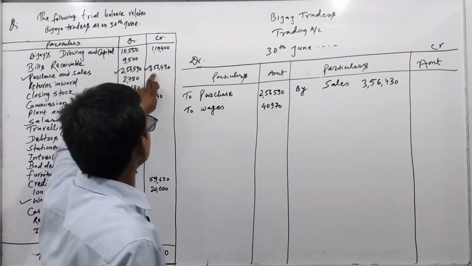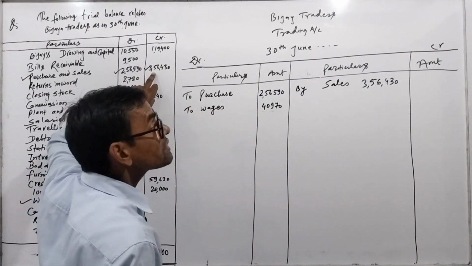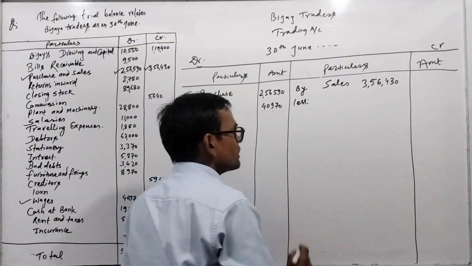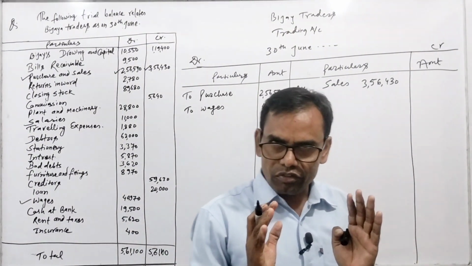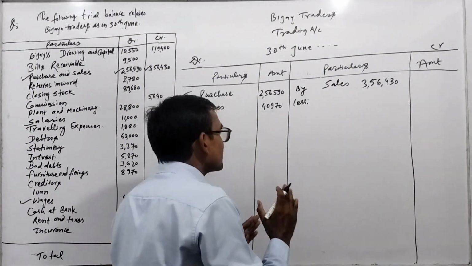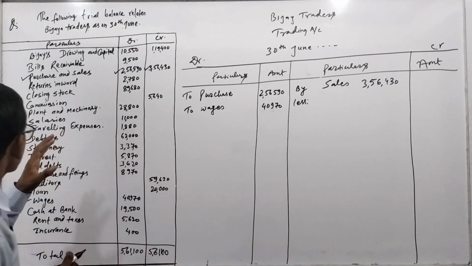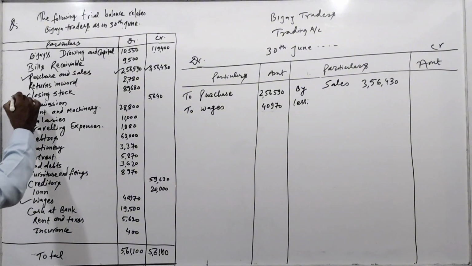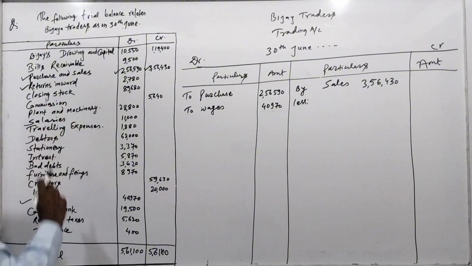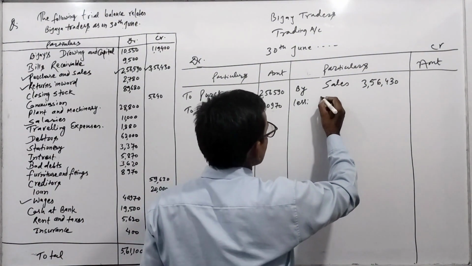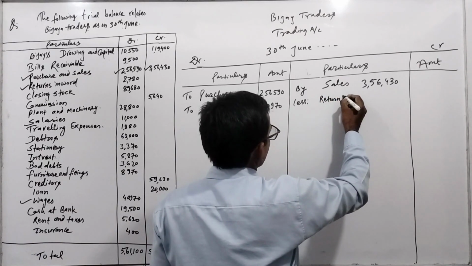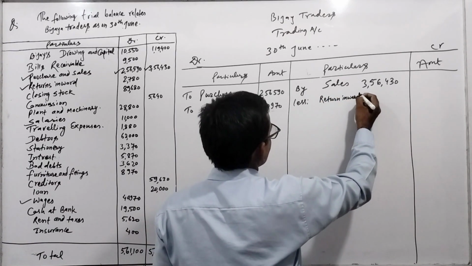So this is amount of sales you have to understand. And as I told, you have to find net sales by deducting sales return. And here is sales return. Returns inward means that is sales return.